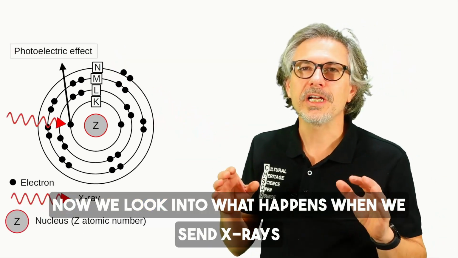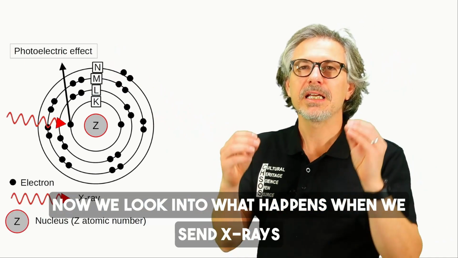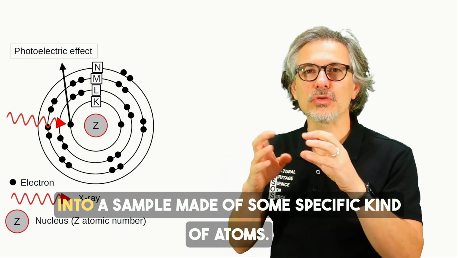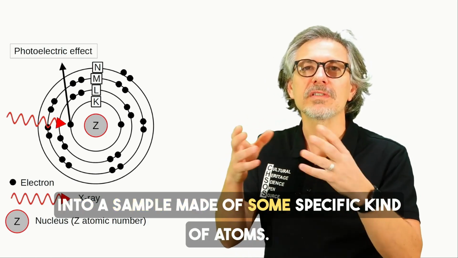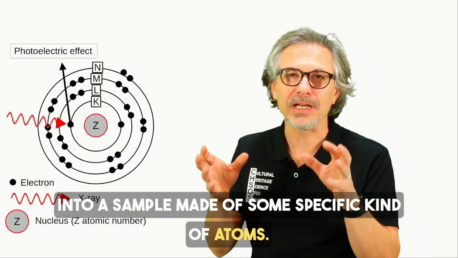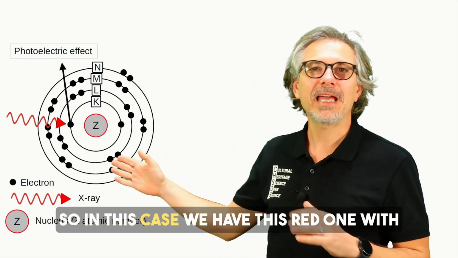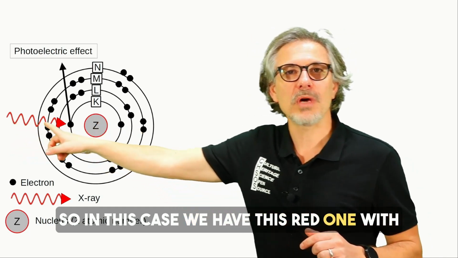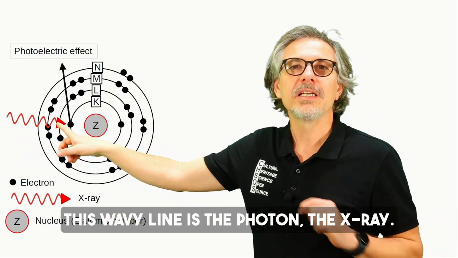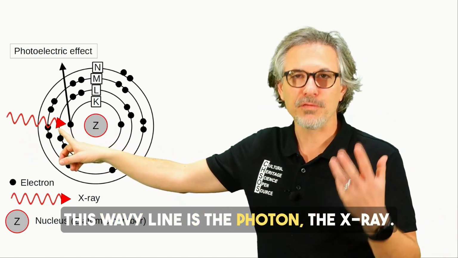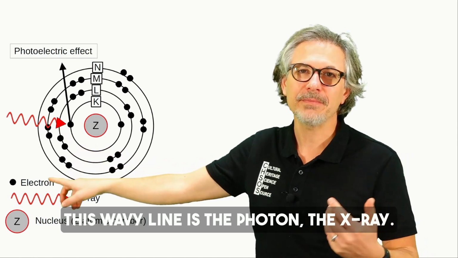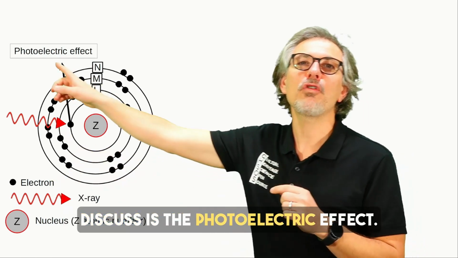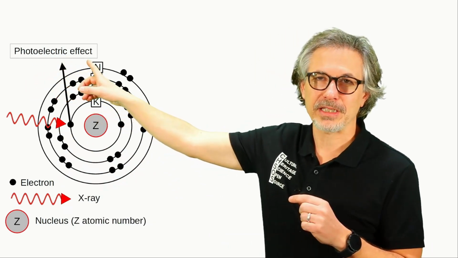Now we look into what happens when we send X-rays into a sample made of some specific kind of atoms. In this case, the red one with the wavy line is the photon, the X-ray. The first effect that we discuss is the photoelectric effect.